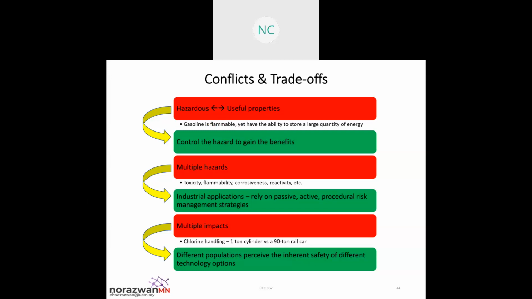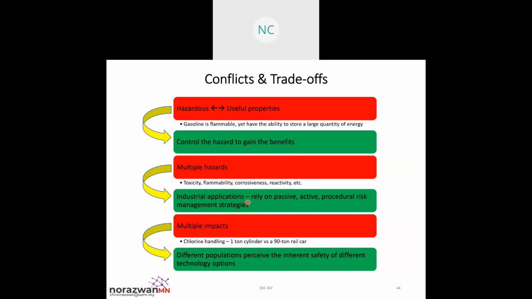Some material comes with toxicity, flammability, corrosiveness, reactivity, and so on. It has multiple hazards inside the same material. So for industrial application, you need to rely on inherent, passive, active, and procedural risk management strategies.